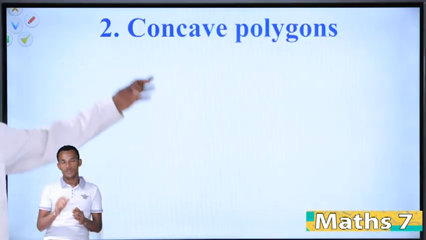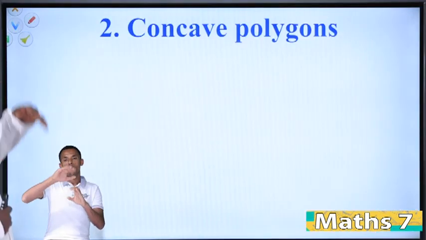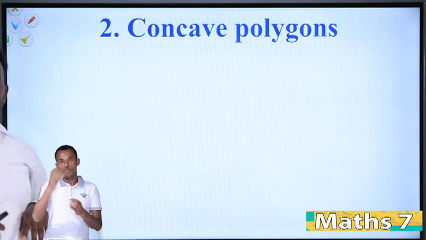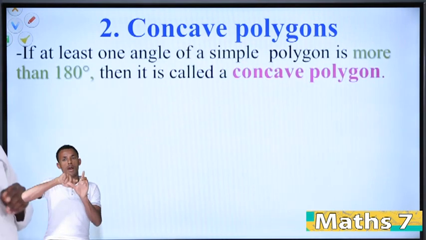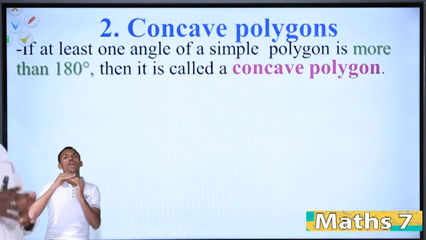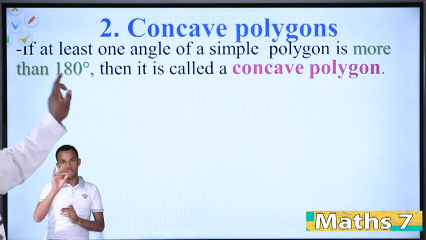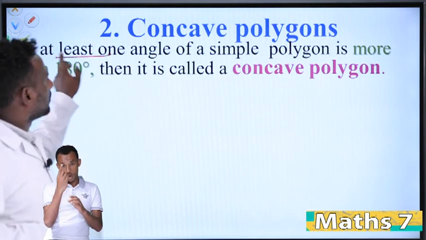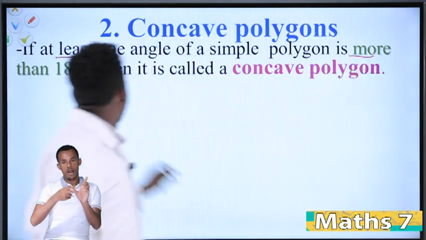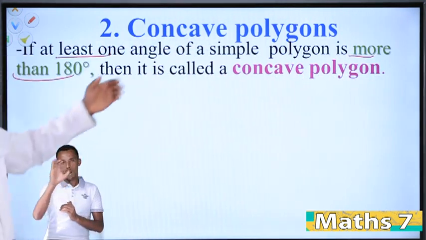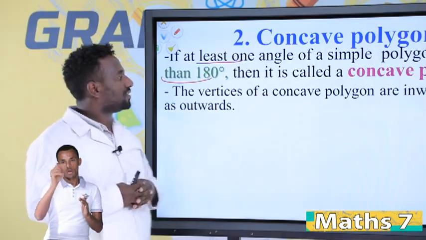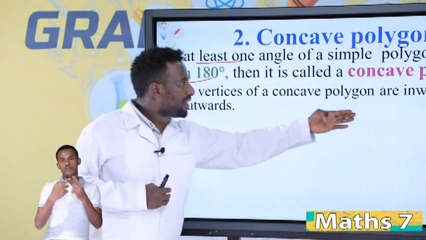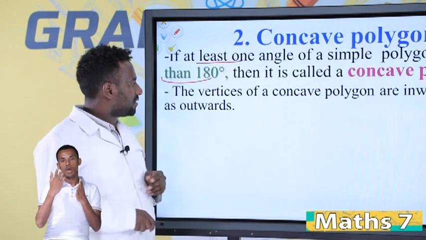Again, what does concave polygon mean? A concave polygon is a polygon with at least one interior angle greater than 180 degrees. At least one. The vertices of a concave polygon point inward as well as outward.